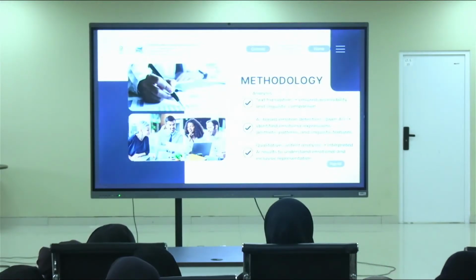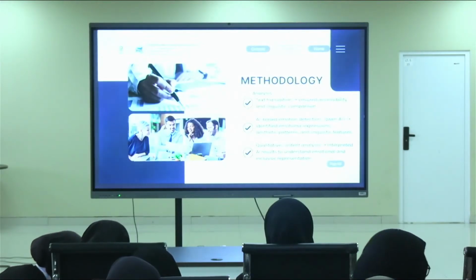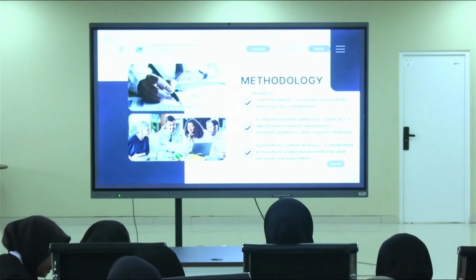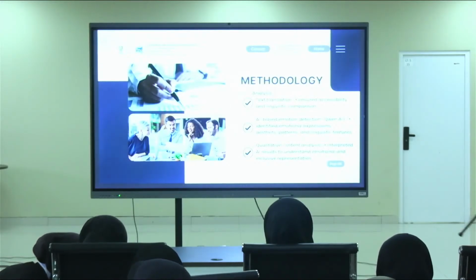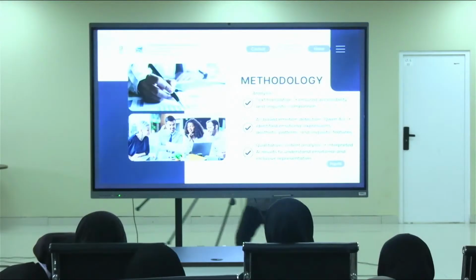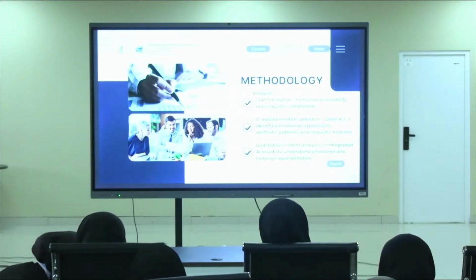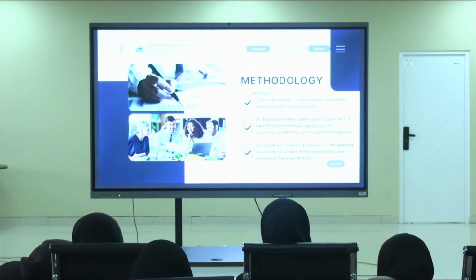And here is how we analyze the text. First of all, we translate the text from Indonesian to English to know the emotions and language across the text, and we use AI-based emotion detection.